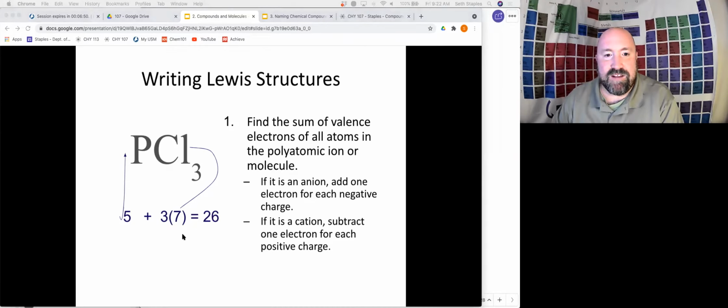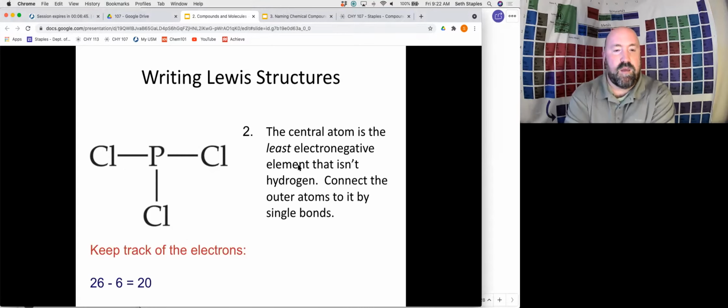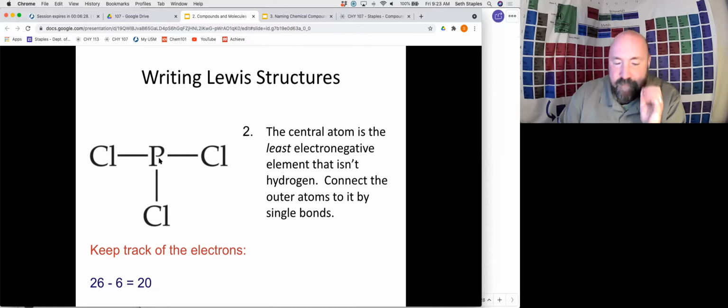And so the next thing that we're going to do is put our compound together by putting first what we call the least electronegative atom in the center. We're going to actually talk more about electronegativity later, so don't worry too much about this now. For now, just know that most commonly, the atom that's going to go into the center is the one that just makes sense.